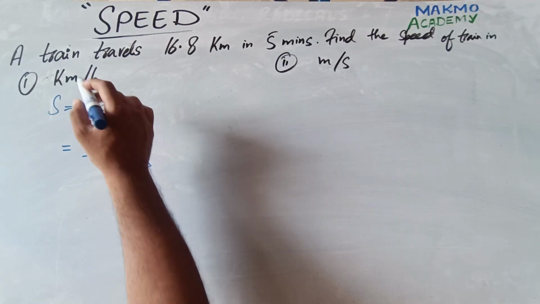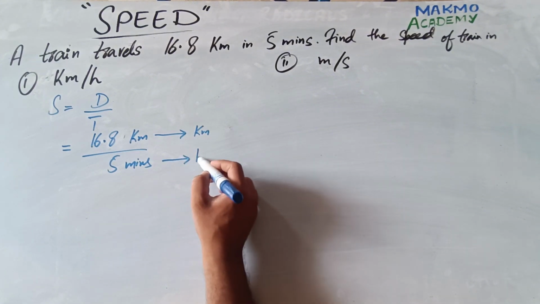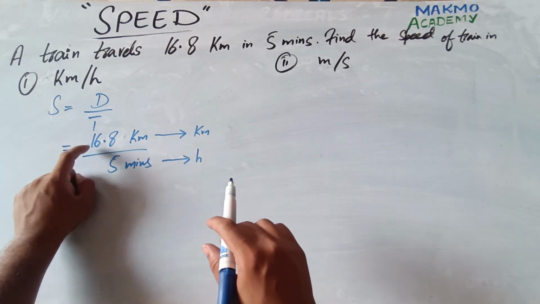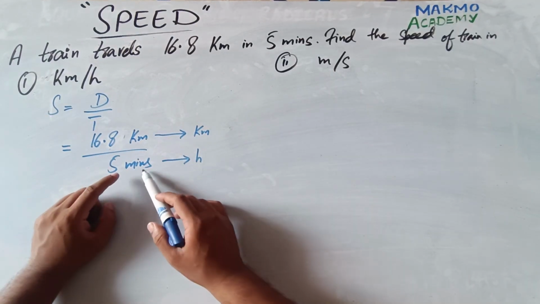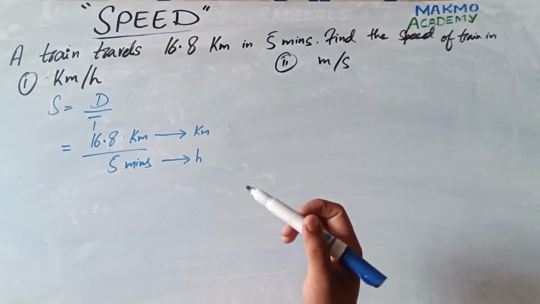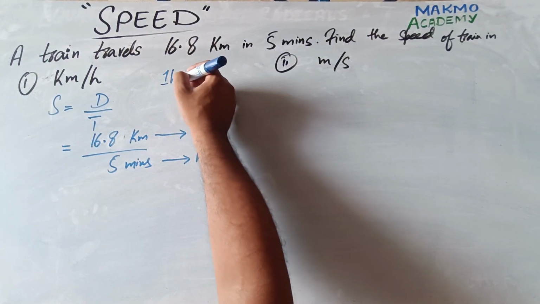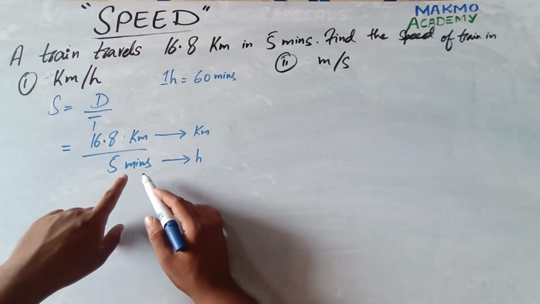Now we need to give the answer in kilometers per hour. It is already in kilometers and we have to go to kilometers, so no need to change the numerator. This is in minutes and we have to give the answer in hours. Keep in mind that in 1 hour there are 60 minutes, and we are going from small to big.